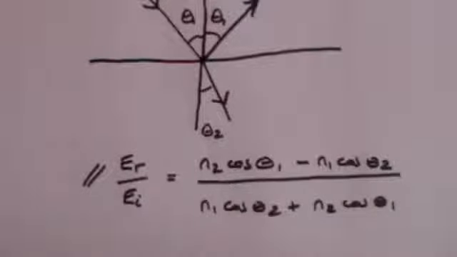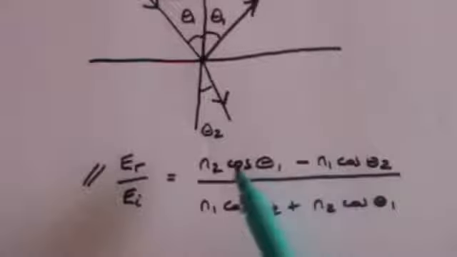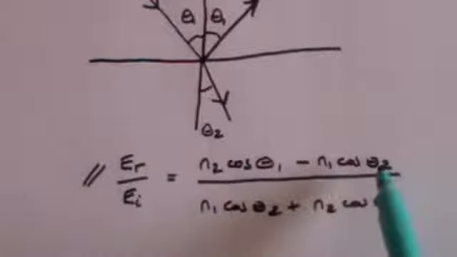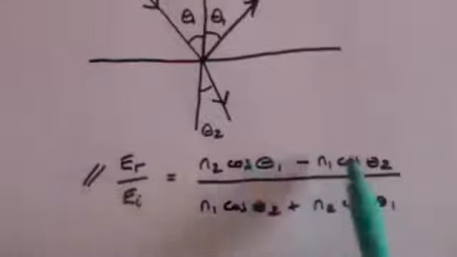And I just want to draw your attention to one interesting possibility here, which is what happens if the numerator is 0. That is to say, if n2 cos theta 1 equals n1 cos theta 2, then this term will become 0.